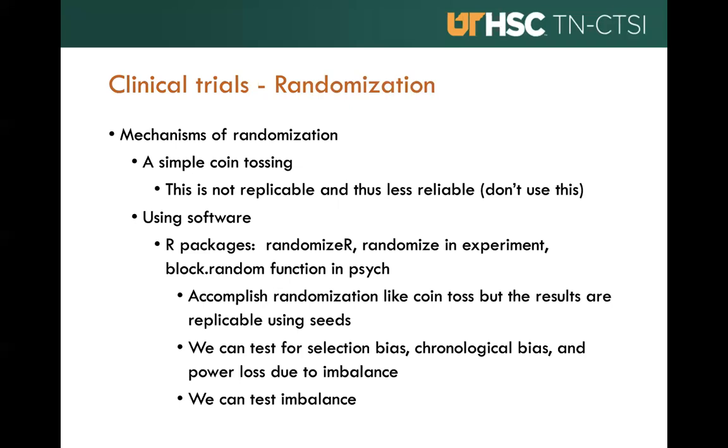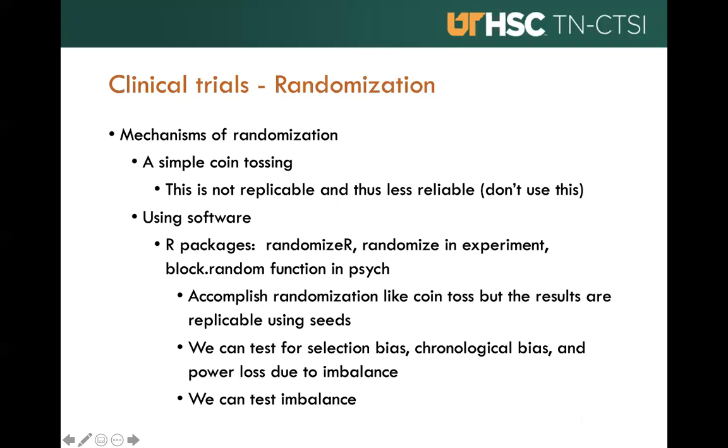So the result can be the same every time we use the same seed. We can use seeds to achieve replication of the result, so somebody else can use our data and get the same kind of assignment again and again. That's one way to achieve replication of the result.